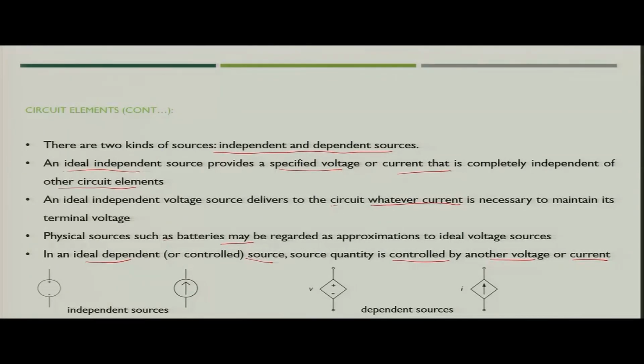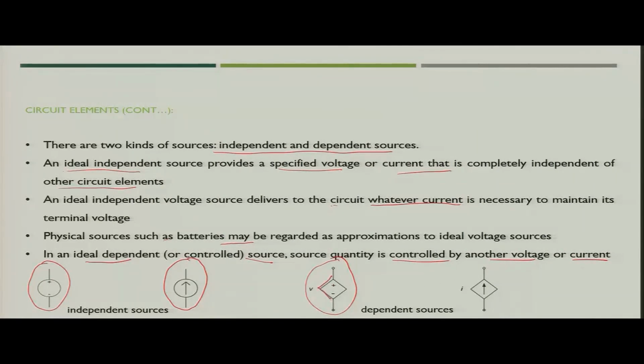So, how will you see those sources in the circuit? There are certain symbols specified for those sources. In case of independent sources, this is the general convention followed for an ideal voltage source, that is a DC voltage source. An ideal current source is represented by this symbol. When you see dependent sources, voltage is represented like this.